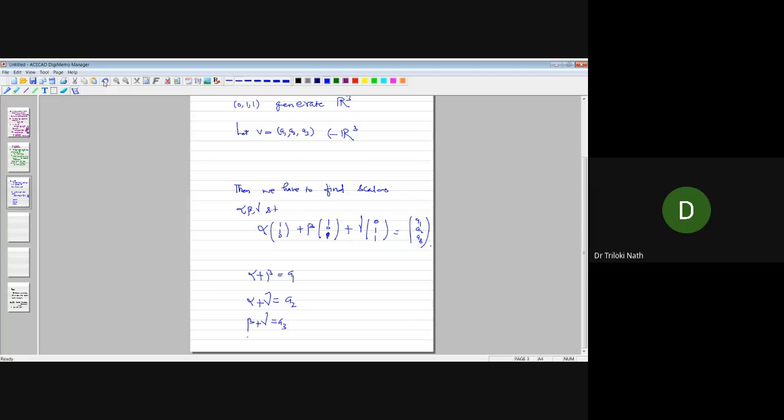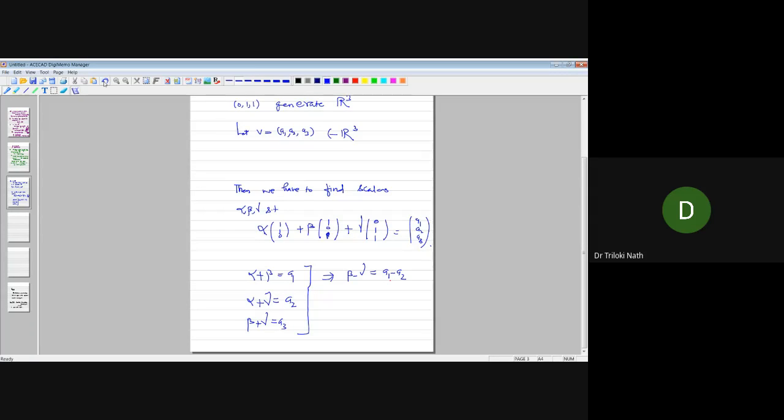Let us see. If you subtract, you will get beta minus gamma, which will be A1 minus A2.